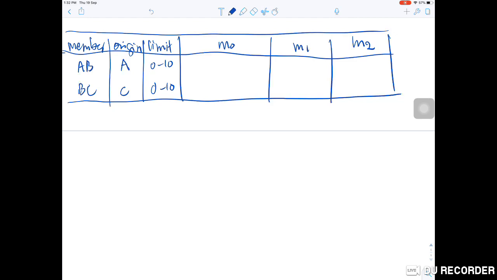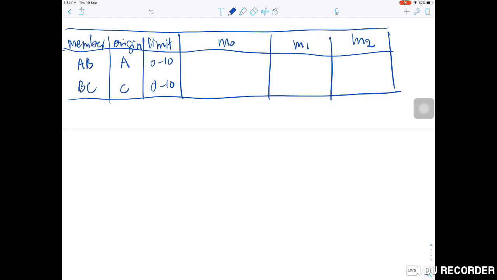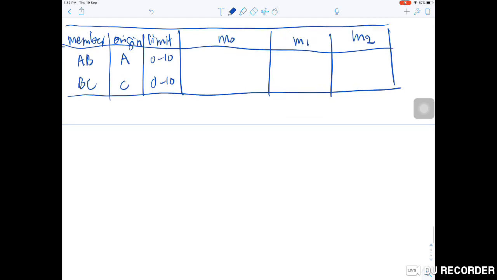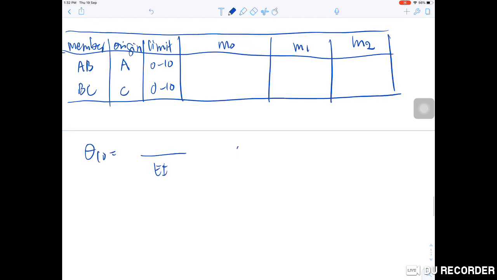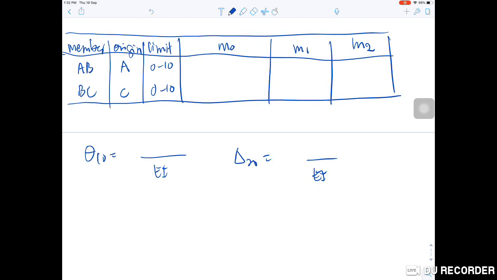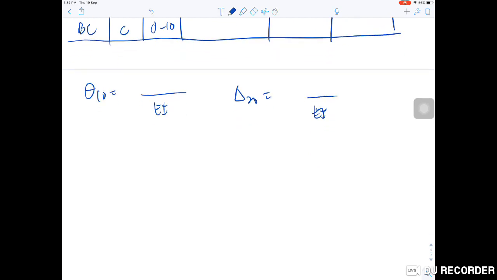After that we just have to determine in terms of EI, because EI will be cancelled. In terms of EI, we have F11.